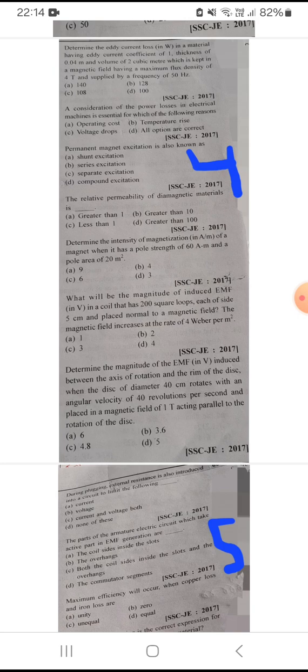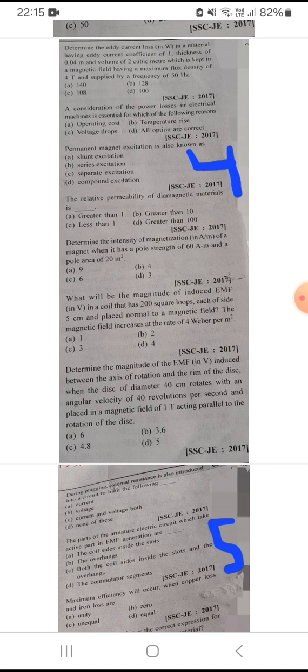So this is a numerical problem and we have K is equal to 1, B is equal to 4, F equal to 50 Hz, T is equal to 0.04 meter, V is equal to 2 meter cube. We know that P is equal to K B square F square T square V, and we put the values and we get 120 watt. So option B is the right answer.